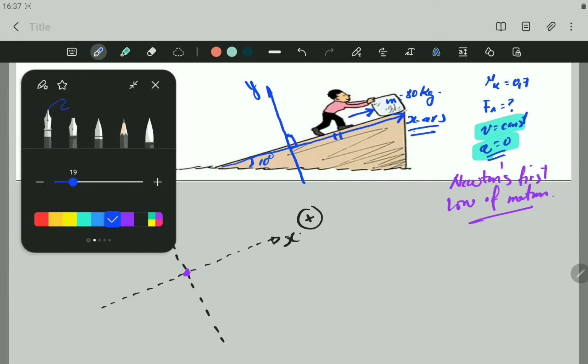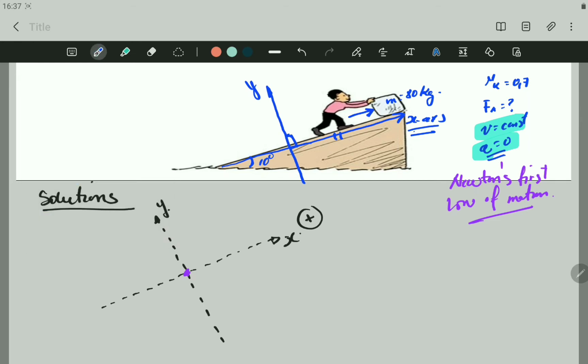Okay, so let's represent the forces acting on that object. First of all, we have the applied force of the boy. This is the applied force, the force from the boy. The other force acting is the frictional force, parallel to the surface.